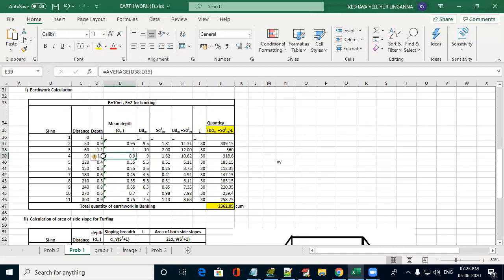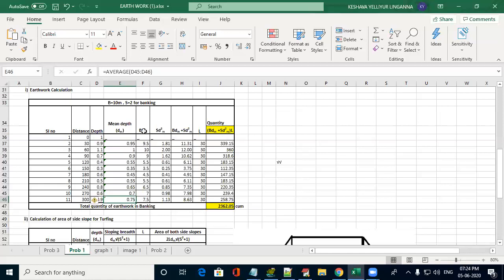Similarly, 0.7 plus 0.4 divided by 2 will give 0.55. Similarly, you have to do this till the end. This last value is the average of 0.6 and 0.9, which gives 0.75. This is how you have to do it. The first row you can observe is empty, it should be like this. This is the mean depth.